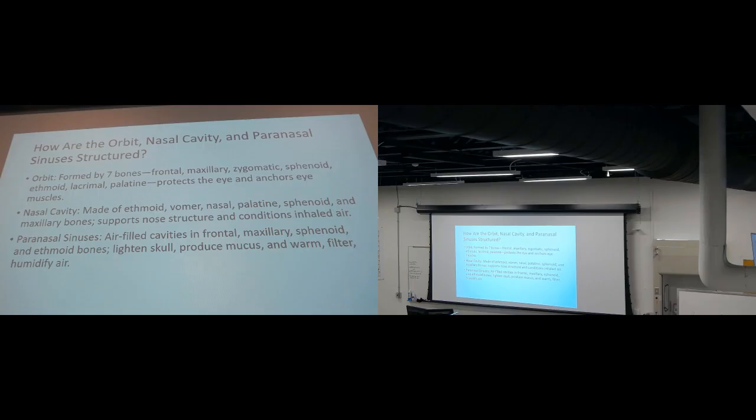In general, all these bones help to make our nose a cavity itself, just like the orbit bones help to form the socket. And then it helps to condition the air to allow inhalation.